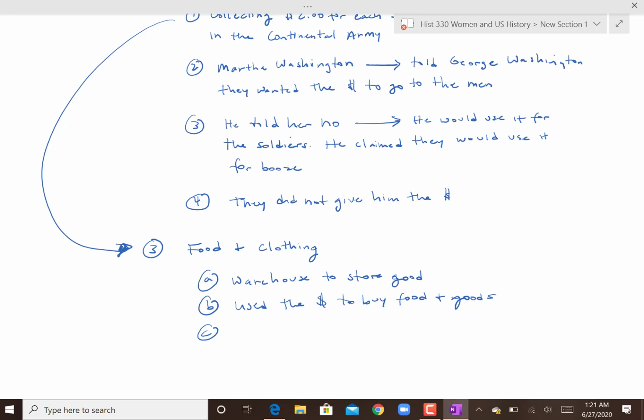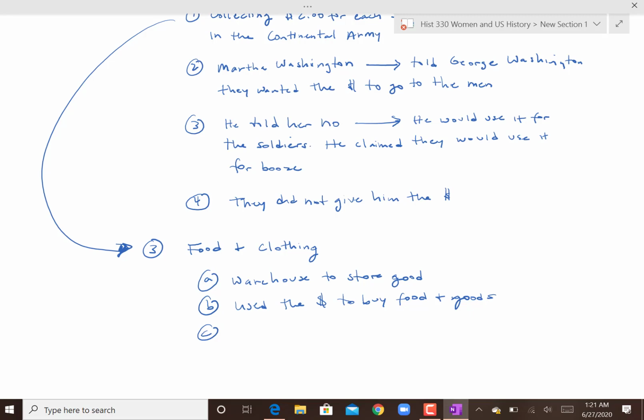And so many soldiers, out of desperation, actually sold these certificates for pennies on the dollar to wealthy speculators, kind of like stockbrokers. Essentially, they were taking a gamble, but they were wealthy and they had the money to do so, and they bought these literally on pennies on the dollar.